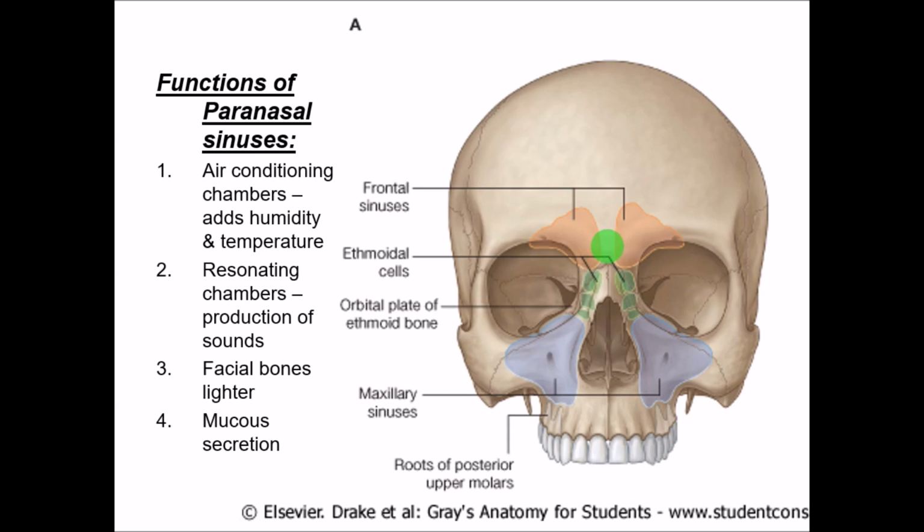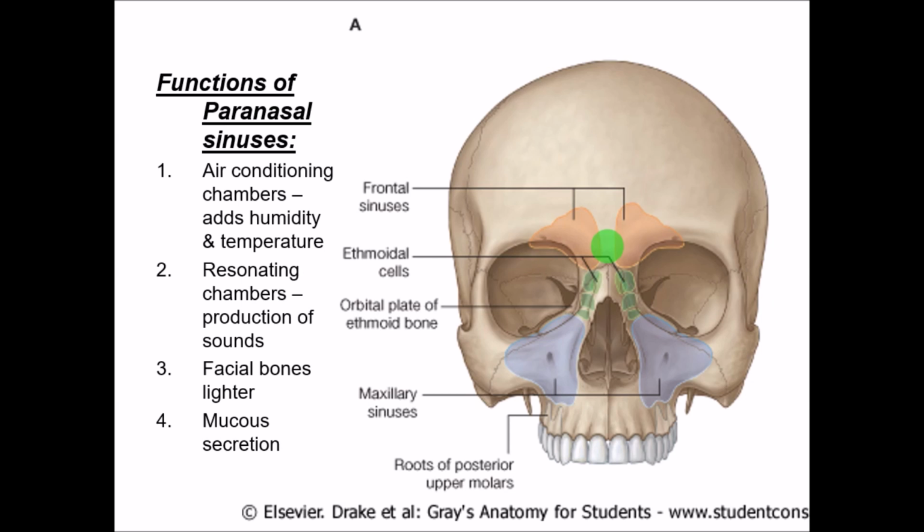Similarly, whenever we speak, the sound which comes along with the air will be resonated, and it will be produced as a good quality sound. So the sound is resonated by these chambers. Then the facial bones are lighter because of the large spaces within these bones. They help in the lightening of the facial bones.